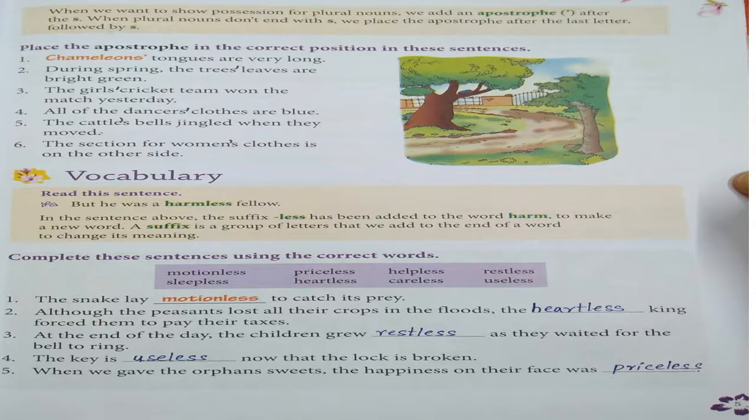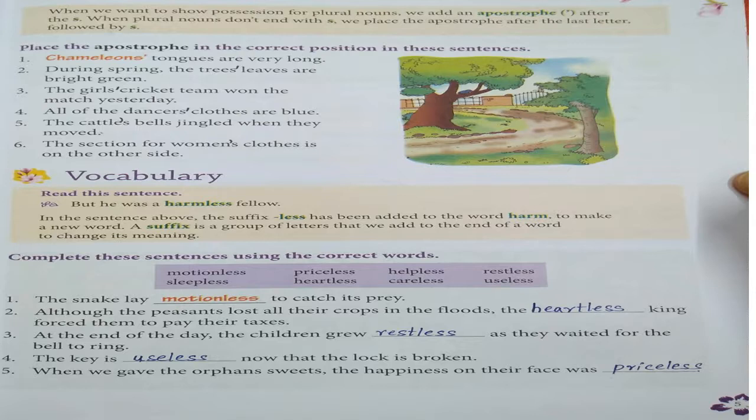Did you observe? If the word ends with S, the apostrophe will be after the S. If the word doesn't end with S, the apostrophe will be before the S, that is, at the end of the letter.